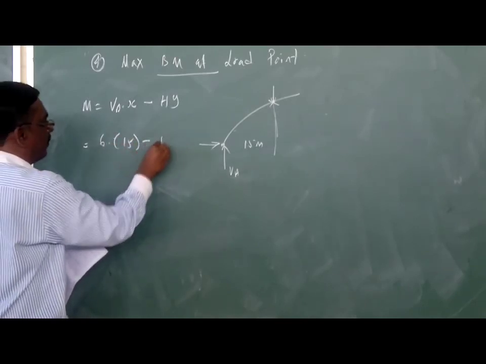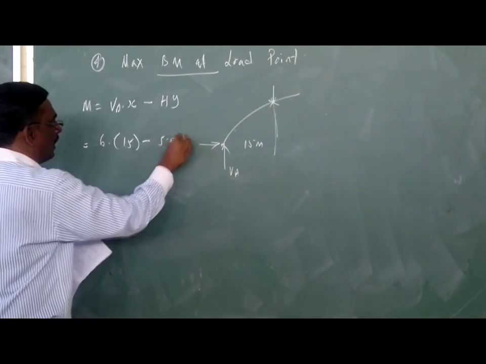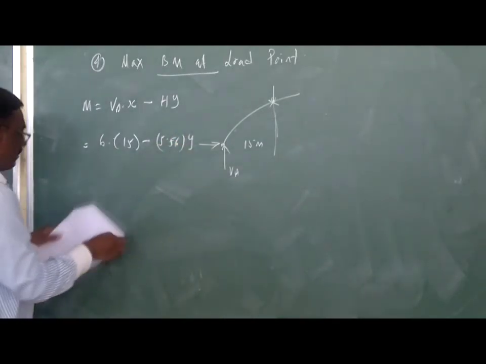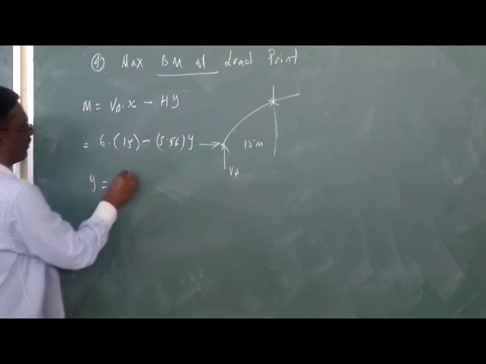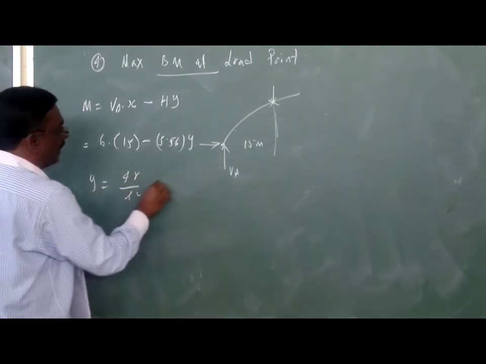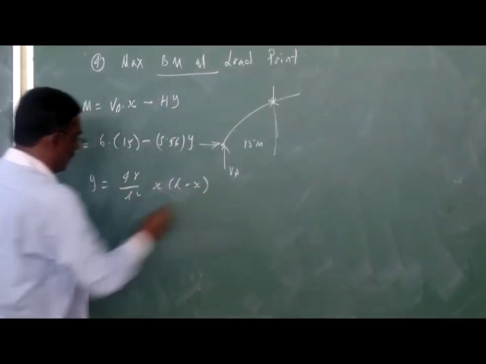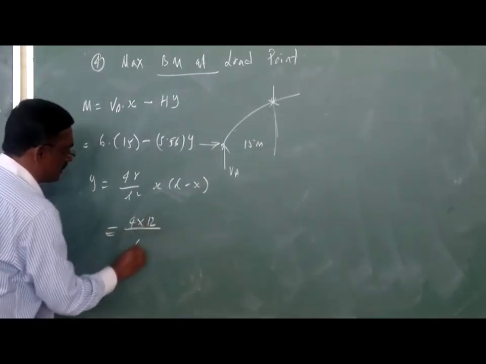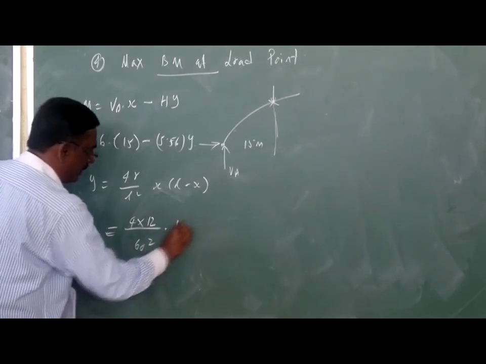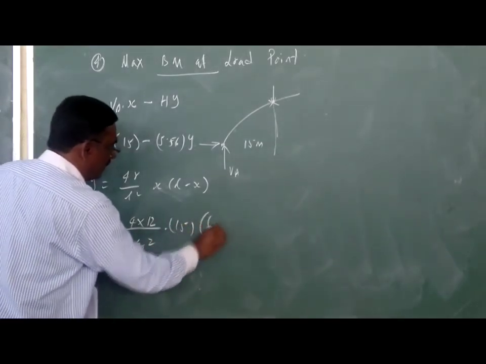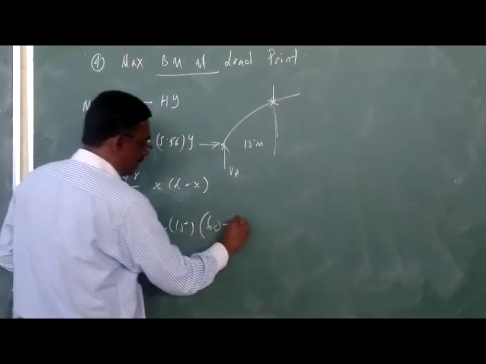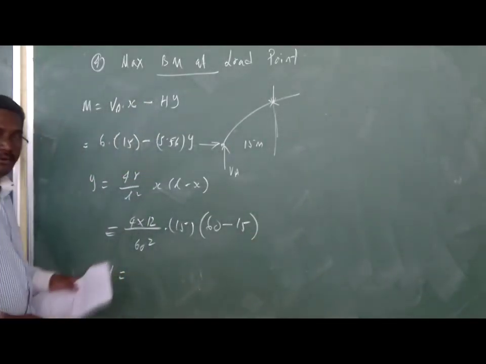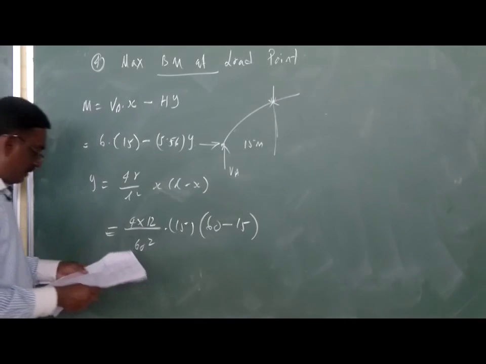Value of H is 5.56, and we don't know the value of Y. So the value of Y may be found out from the equation of the parabola, 4r by L square into x into L minus x. Here we have got 4 into rise of the arch 12 meter, by 60 square, x is 15, into L, value of L is 60, minus 15. So the value of Y is found to be 9.